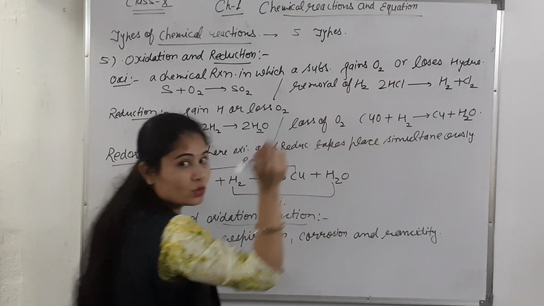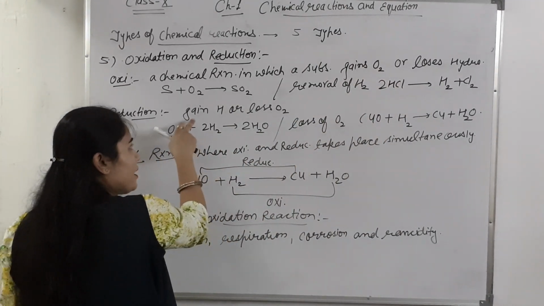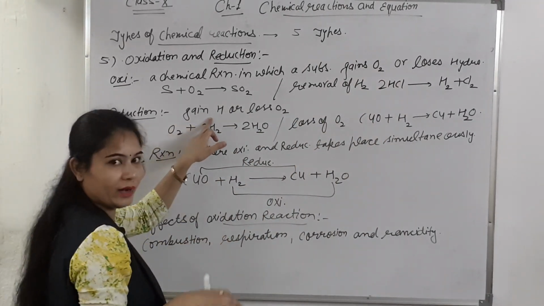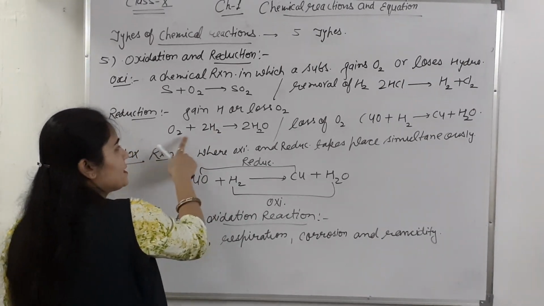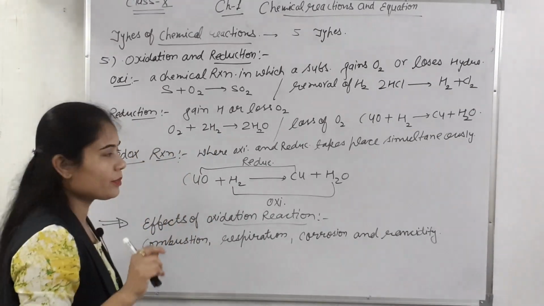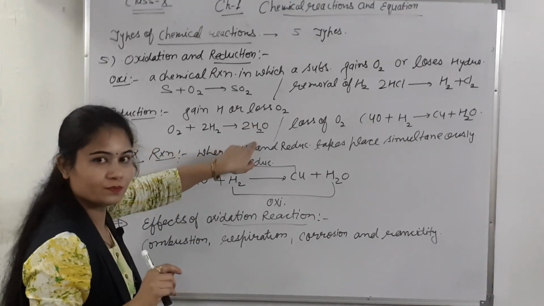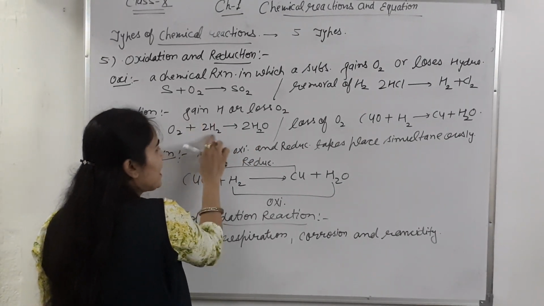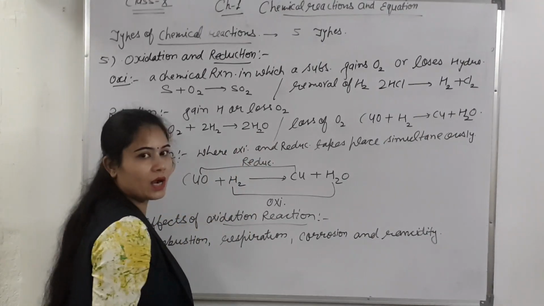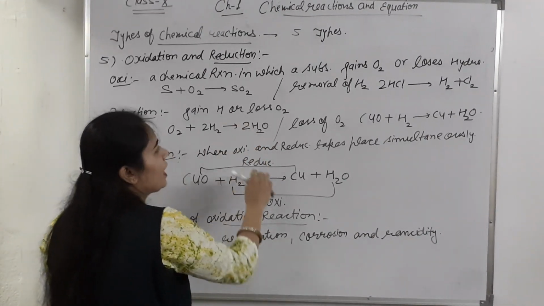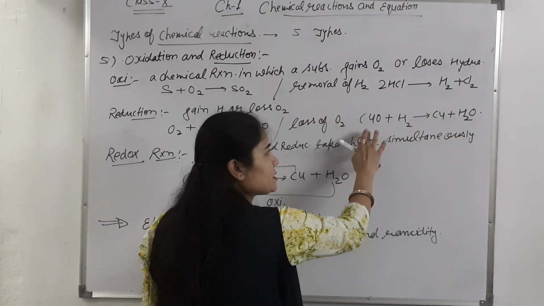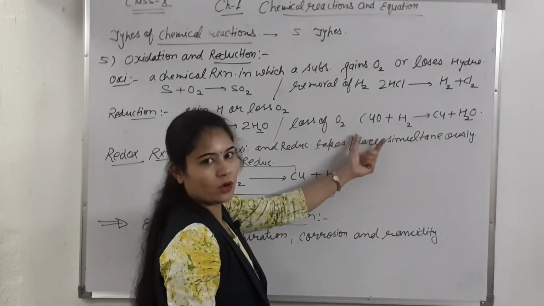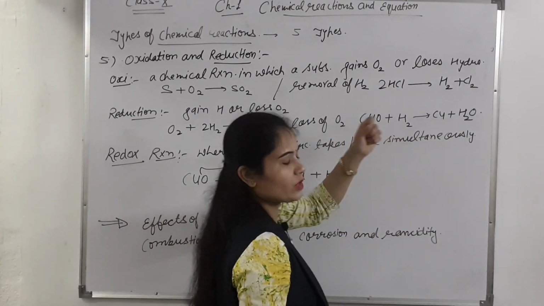This is loss of hydrogen, and we write over here gain of hydrogen. Oxygen plus 2H2 gives the product H2O. In this type of reaction, this is gain of hydrogen; there is extra hydrogen over here. And for loss of oxygen, in this type of reaction copper oxide reacts with hydrogen.